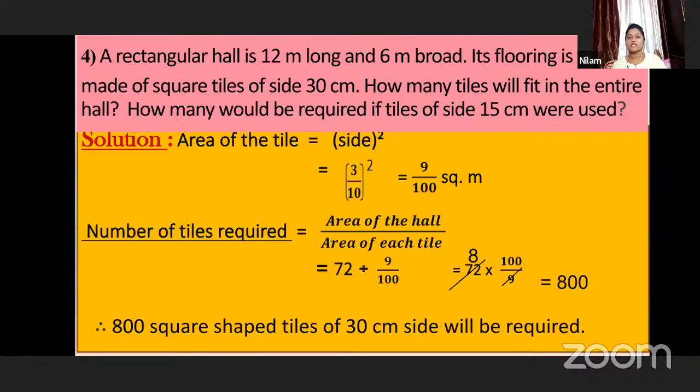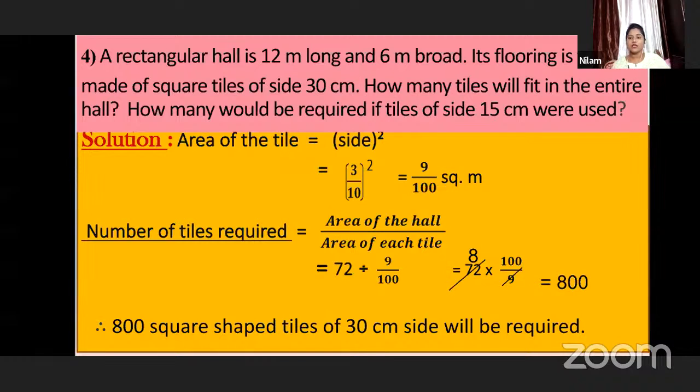But of which size? The length of each side was 30 centimeter. One more question is remaining, children. The last one. How many tiles would be required if tiles of side 15 centimeter were used?